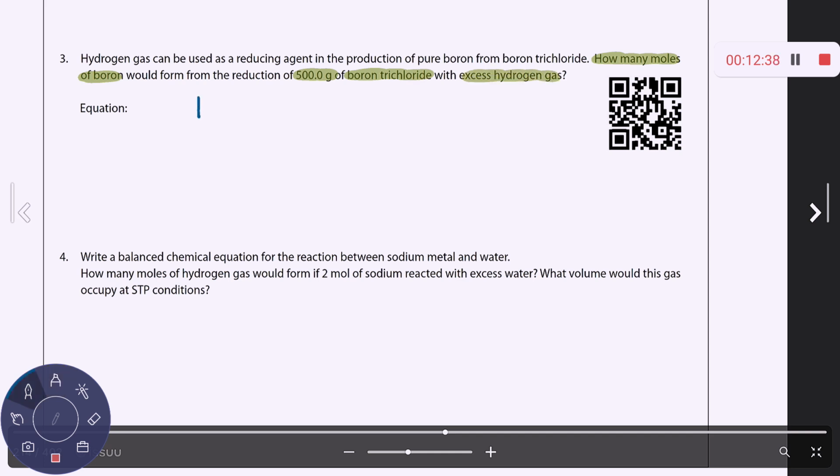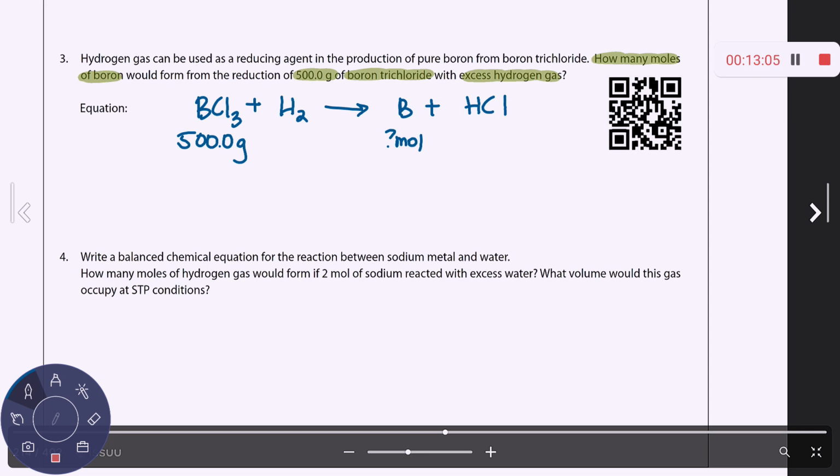So what they've done is they've given you BCl3 combining with hydrogen gas to produce boron and then I think hydrochloric acid. Yeah. I'm not going to balance it. I just want you to see that they've given you 500 grams of BCl3 and they want to know how many moles of boron. This means this is just a 2-step problem. You can drop the last step off, okay?